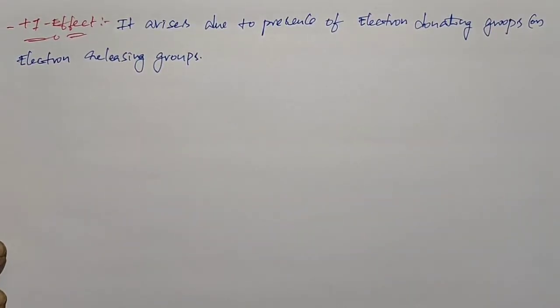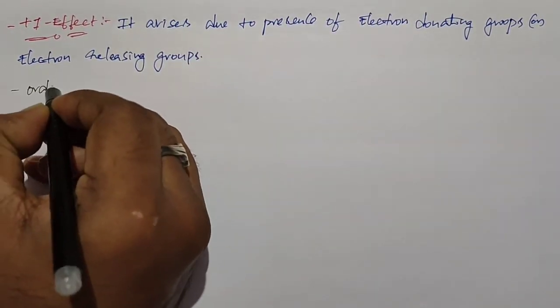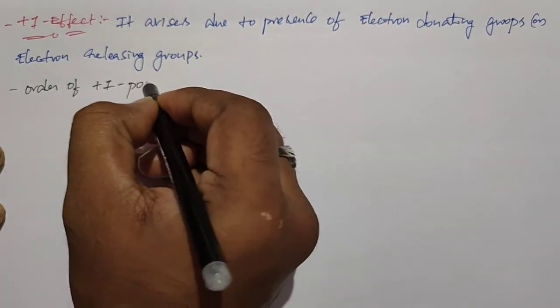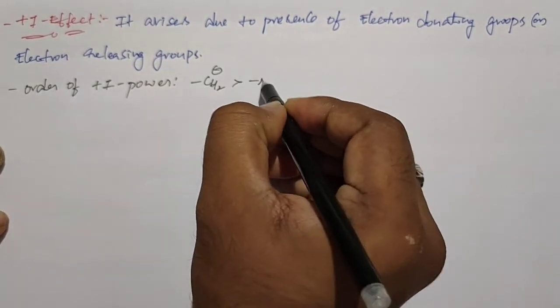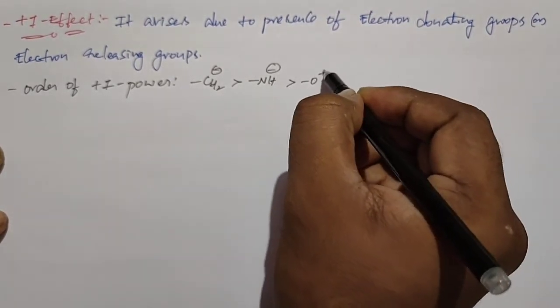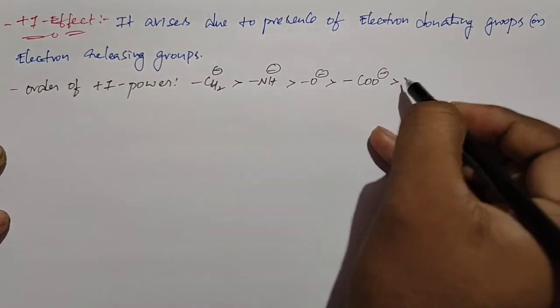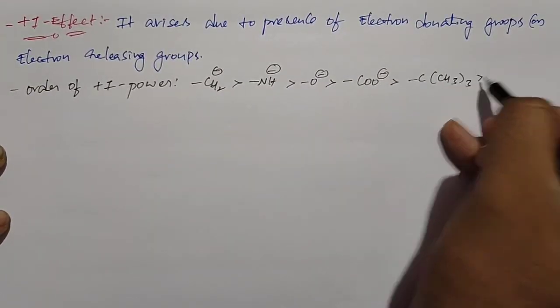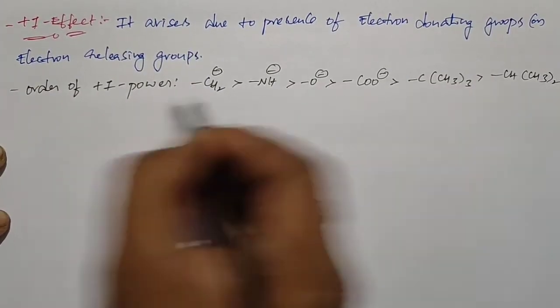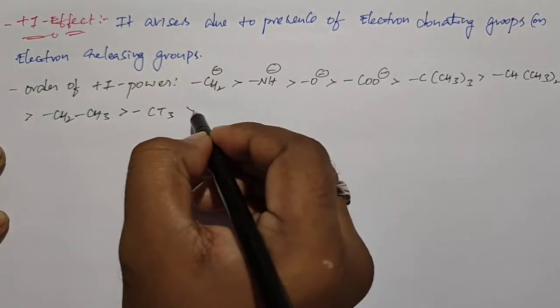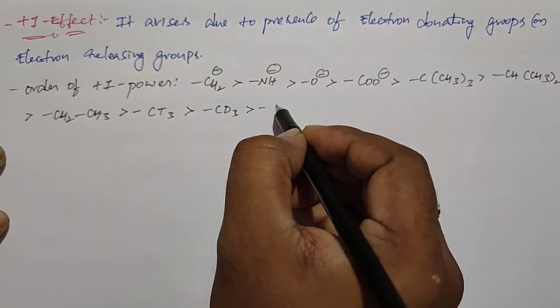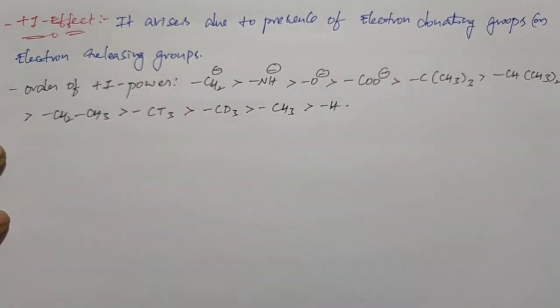Here I give some examples and their order of power. The order of plus I power in various groups: CH2 minus, NH minus, O minus, COO minus, then CH3 taken to CH2, CH3, CT3, CD3 and CH3, and at last hydrogen.